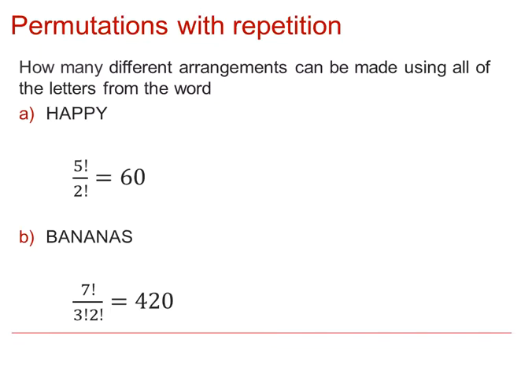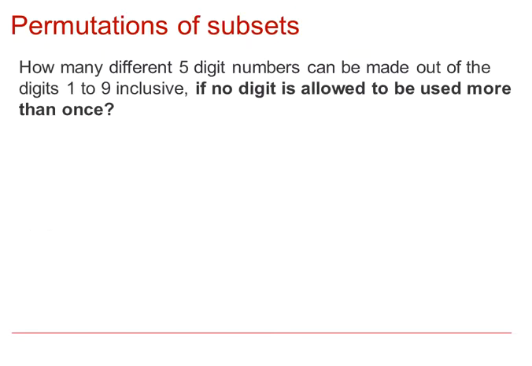Therefore, in terms of the total permutations, for the word happy, we would have 5 factorial divided by 2 factorial, giving 60. And for the word bananas, 7 factorial divided by 3 factorial, and also divided by 2 factorial, giving 420 different permutations.